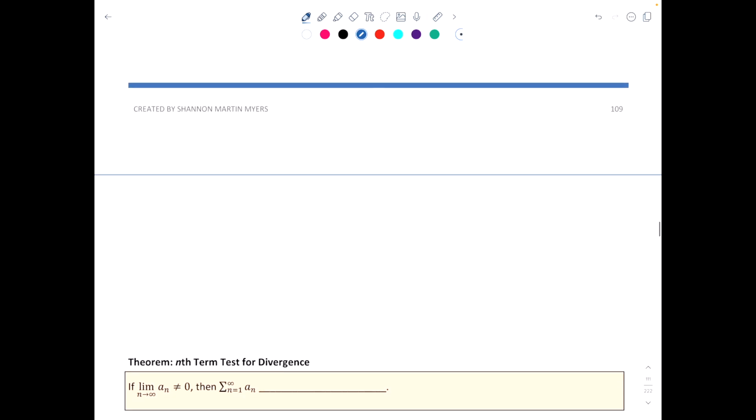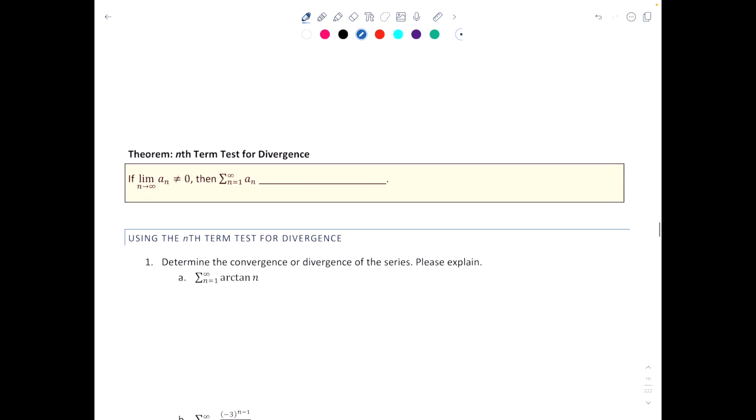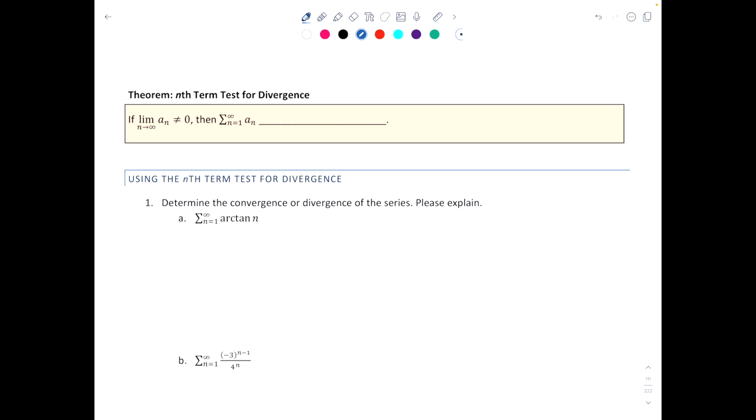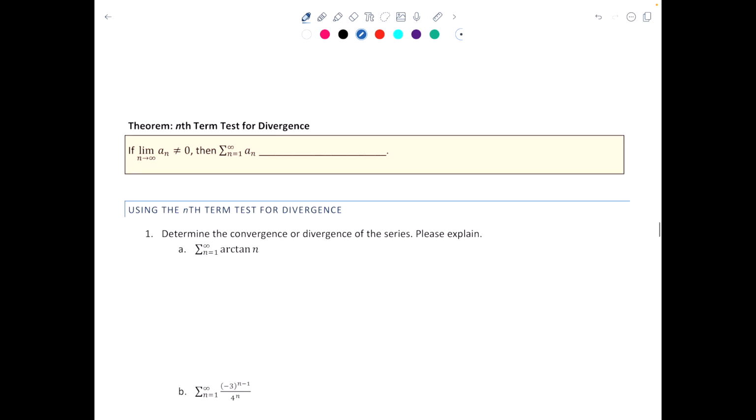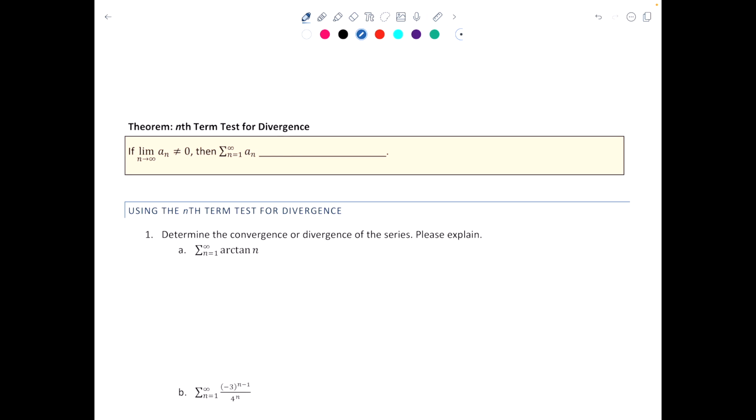So next up, we've got the nth term test for divergence. Notice it used to just be called the nth term test, but then people were using it wrong. They were using it to show convergence. So they actually changed the name in this text to the nth term test for divergence. It will only show divergence.